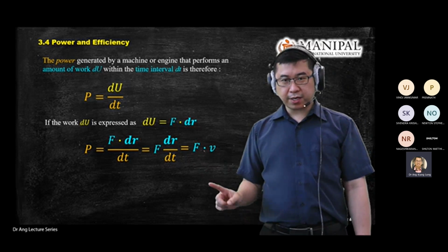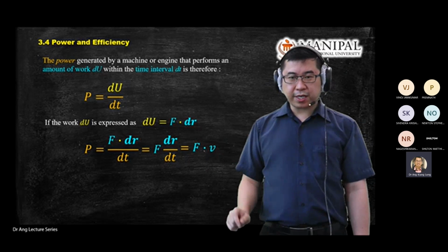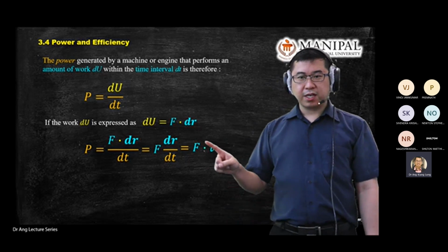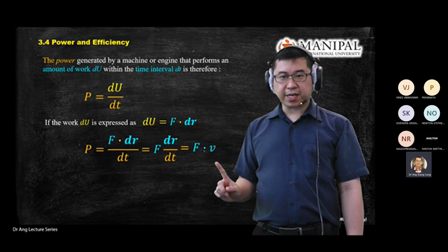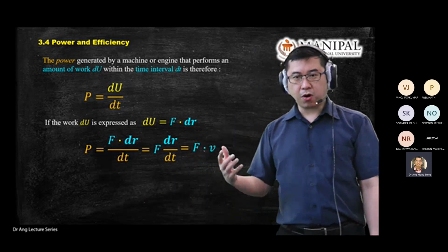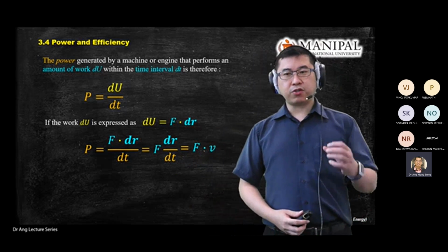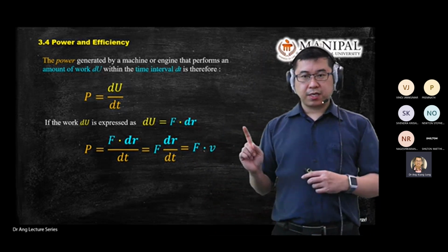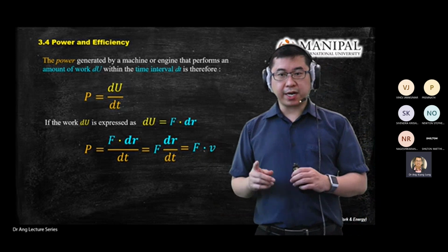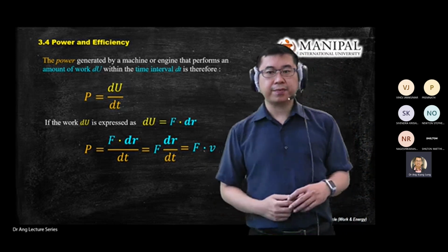Force is in Newton. Velocity is in meter per second. Newton meter per second, you get power, or we put it in the unit of watt, as you learned in your introduction to electronics. Power is measured in watt, W-A-T-T, watt.